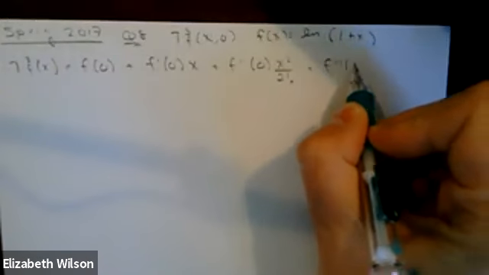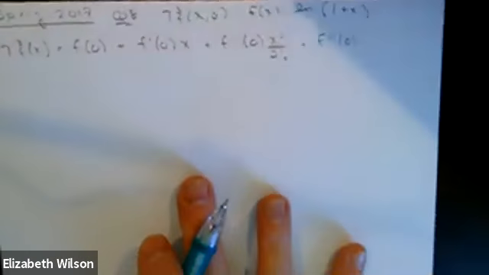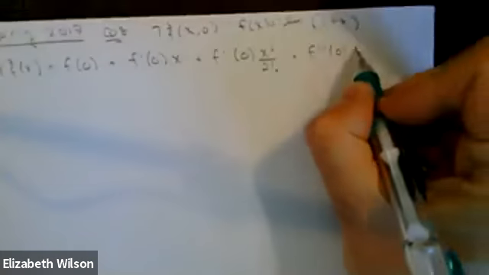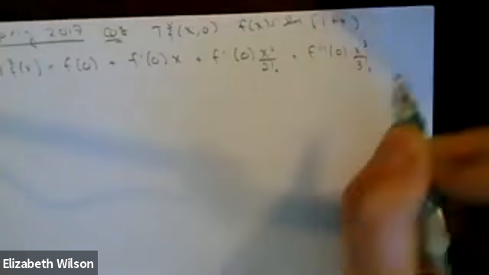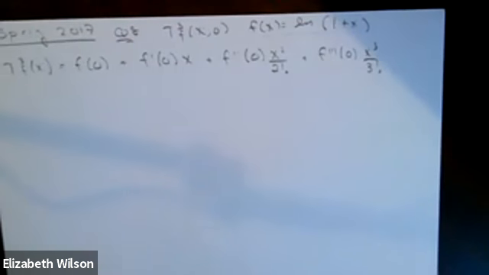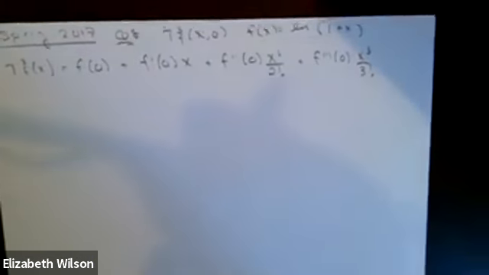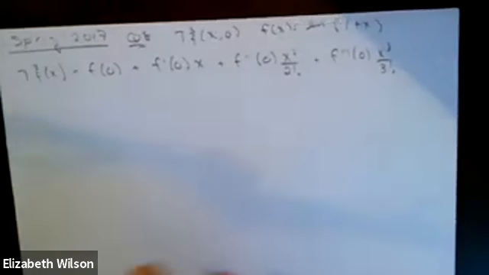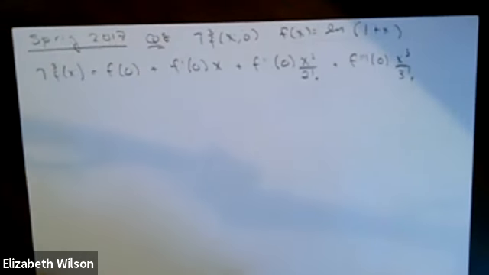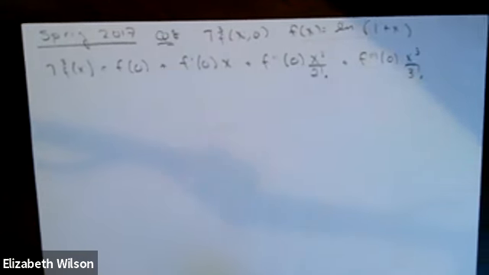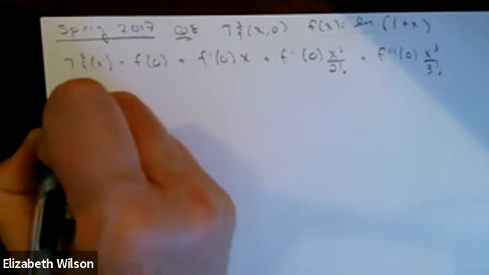Plus my third derivative, evaluated at 0, times x cubed all over 3 factorial. So these are the coefficients that I'm going to be solving for when I figure out what my derivatives are.